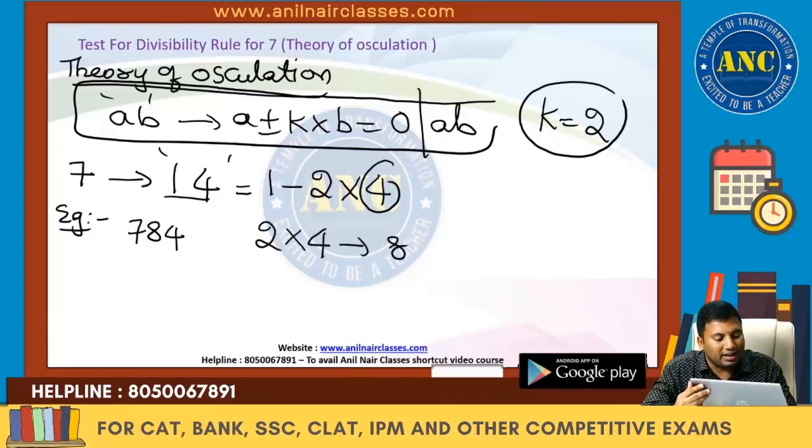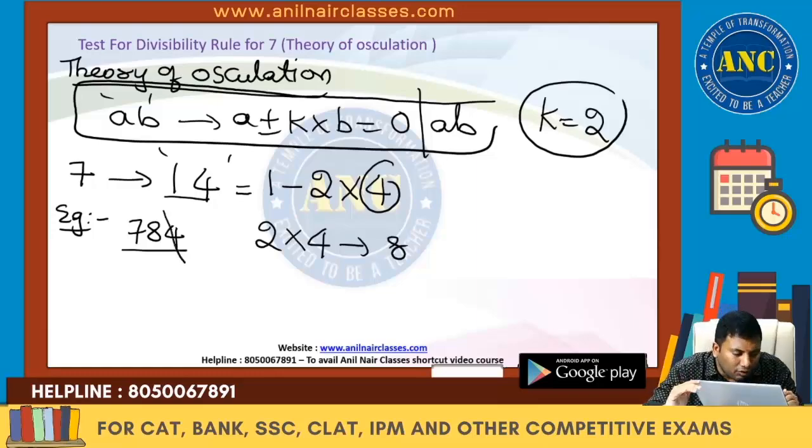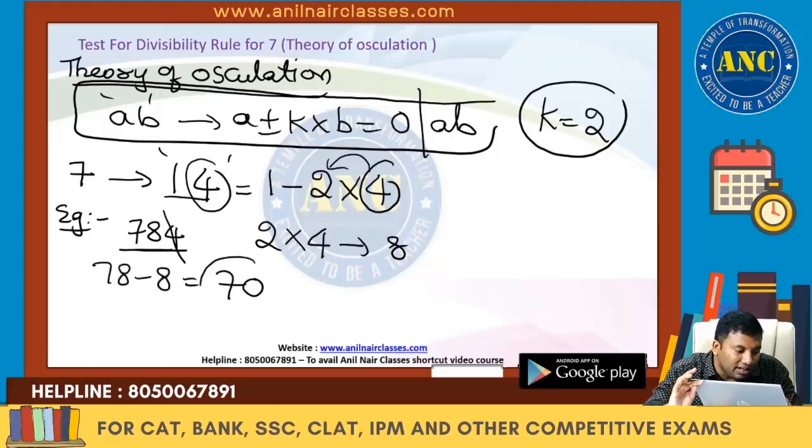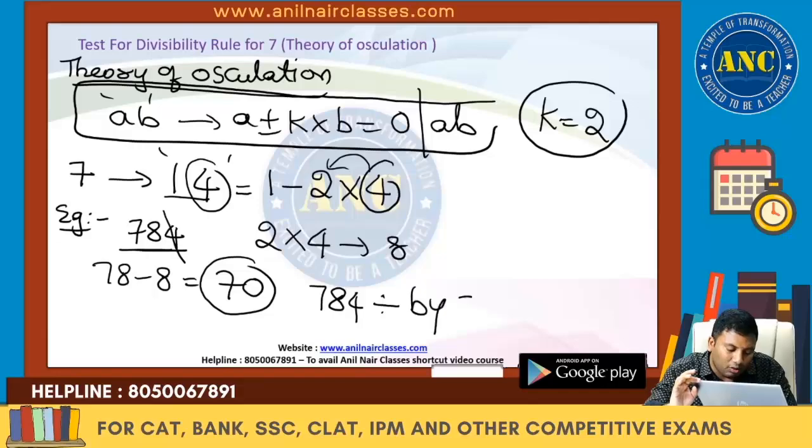We subtracted it from the remaining part of the number, 78. I said that a is the remaining part. 78 minus 8 is 70. Is 70 divisible by 7? Yes. That means 784 is also divisible by 7. I hope it is clear.